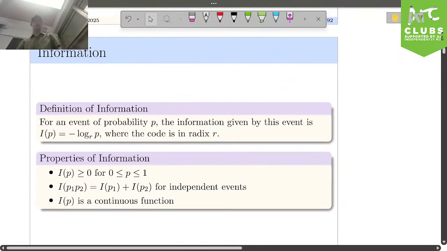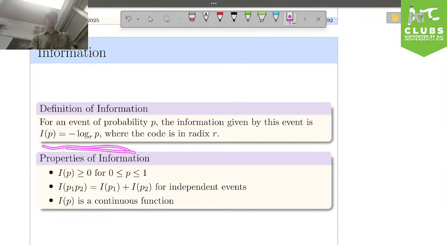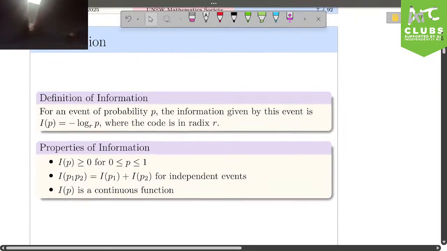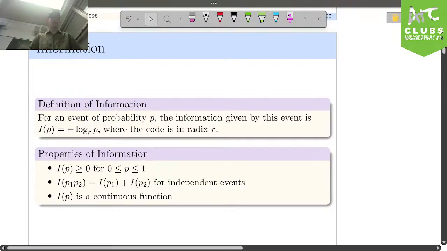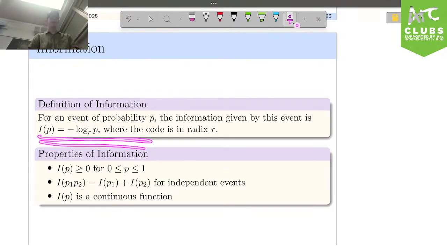First of all, we can define mathematically what we say is the information. This information function shows up in a lot of different places. What we define it as here is, for a specific radix r, the log base r of the probability, and we put a negative here.